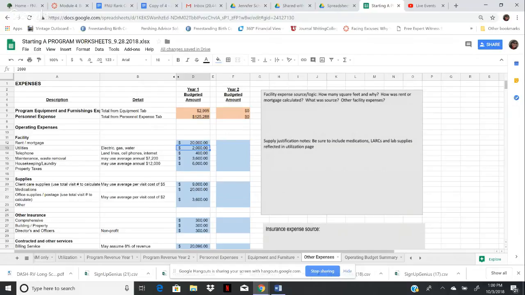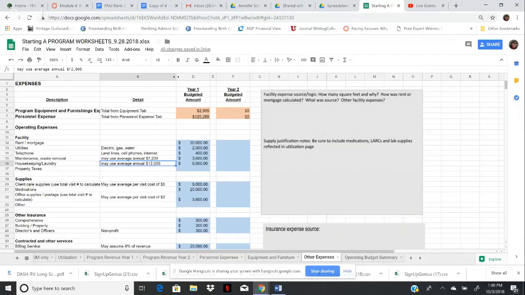Now, if you're not occupying the space the entire time that the office is open, you're probably just going to need to allocate a very small amount maybe for housekeeping, unless you do have laundry. So feel free not to use these amounts. These are provided in other spreadsheets like the starting a practice spreadsheet. So you're just running a program, which you're probably not going to need these full amounts for these items. So you can decide what you're going to allocate to your budget.